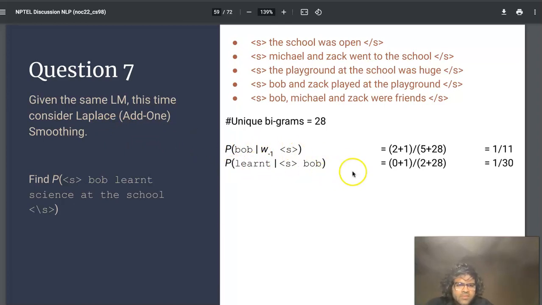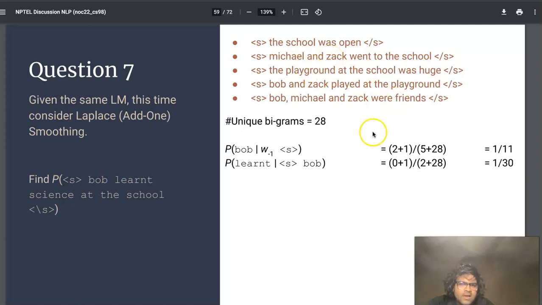Now see the effectiveness of this kind of smoothing. Given S and Bob, S and Bob happens twice in this corpus, in the 4th and 5th sentence, and you are adding the total number of vocabs in the denominator. But learned, you cannot find anywhere in the corpus.